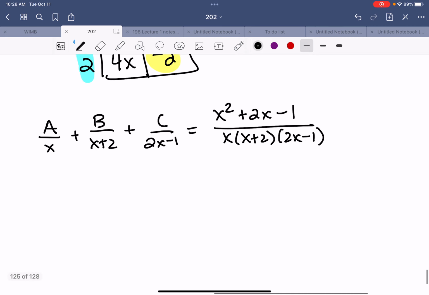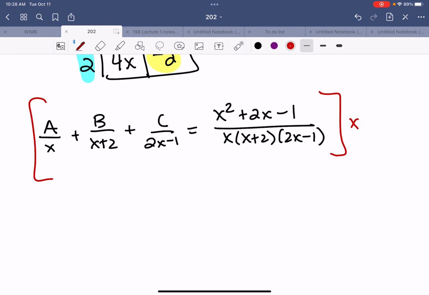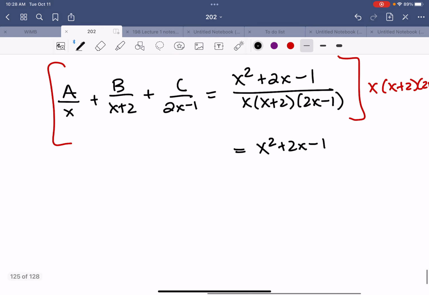Okay. Now, in order to solve for A, B, and C, I'm going to go ahead and multiply and clear my denominator. So I'm going to multiply everything by X, X plus 2, 2X minus 1. What that does is on the right-hand side, it clears all that out, and I just get X squared plus 2X minus 1. On the left, the A term cancels out the X, and I have A times X plus 2, 2X minus 1.